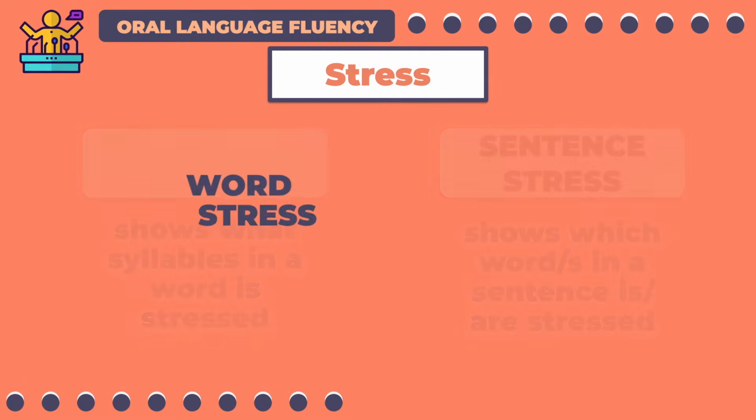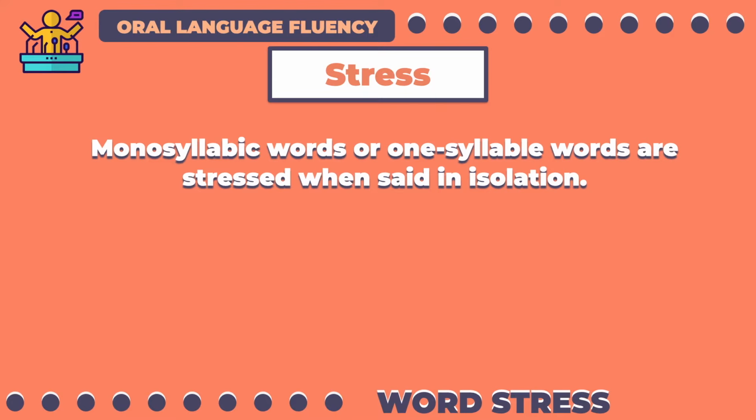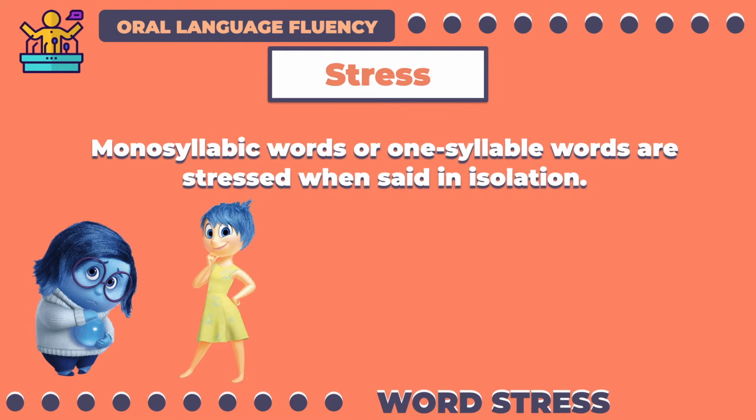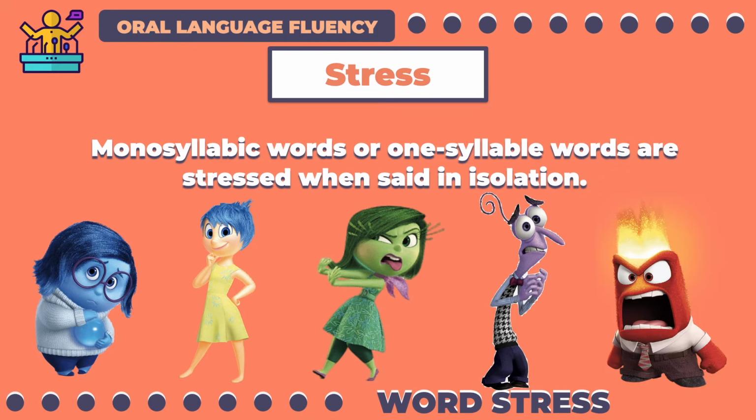Let's discuss word stress first. As word stress shows the syllable being stressed in each word, it is important to know what monosyllabic words are. Monosyllabic words, from the word mono, meaning one, are words with only one syllable. These express pain or sadness, joy, disgust, fear, and anger, just like the characters in Inside Out.